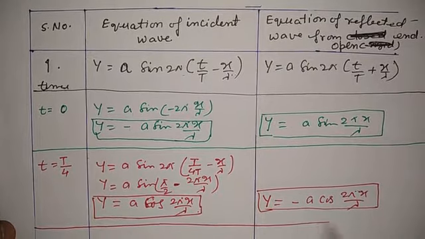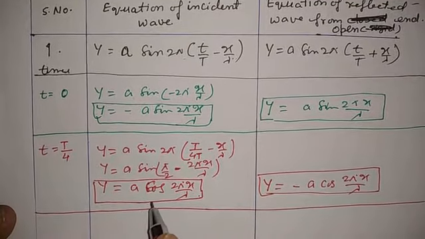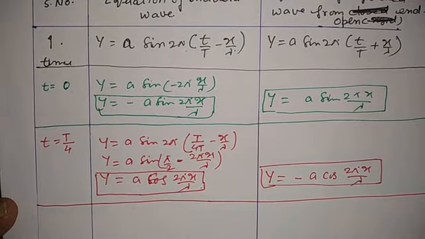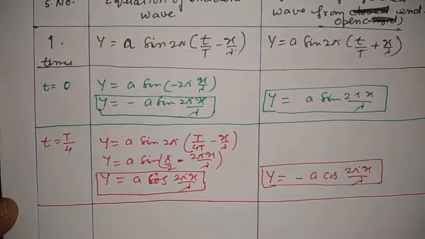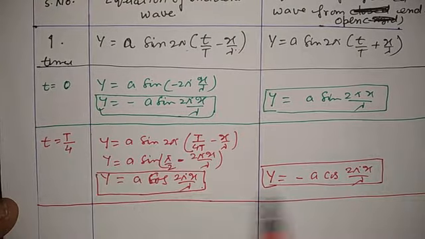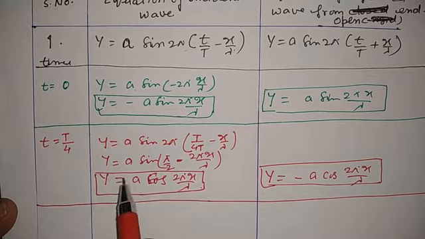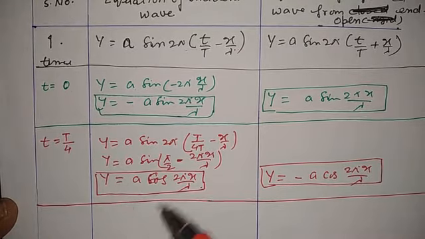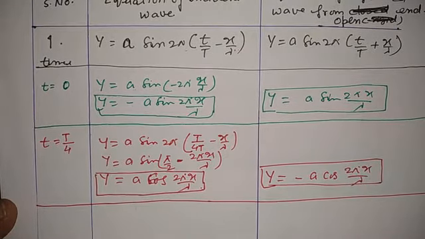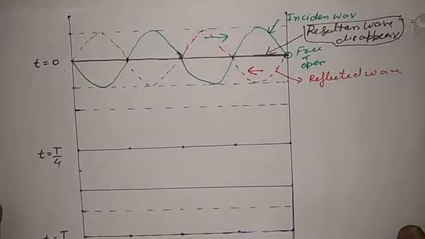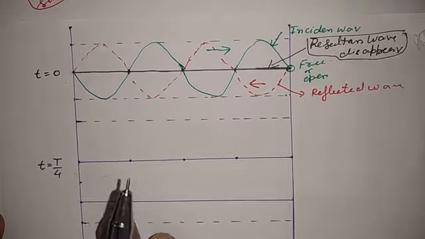These both are cosine waves. We are going to draw this cosine wave here. So see very carefully the representation of the cosine wave at T by 4. At T by 4 the incident wave is positive, so it will begin from the upper side of the graph.